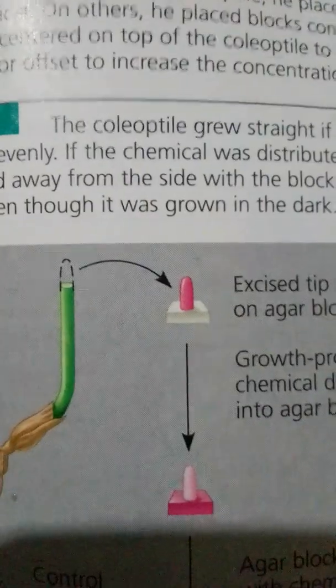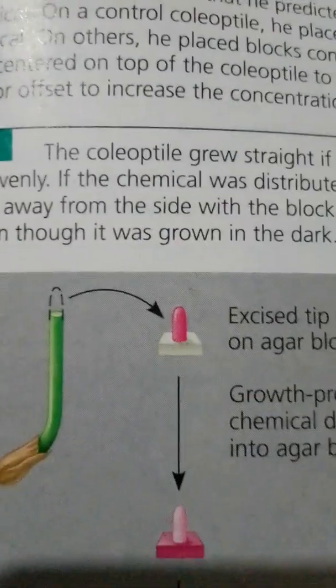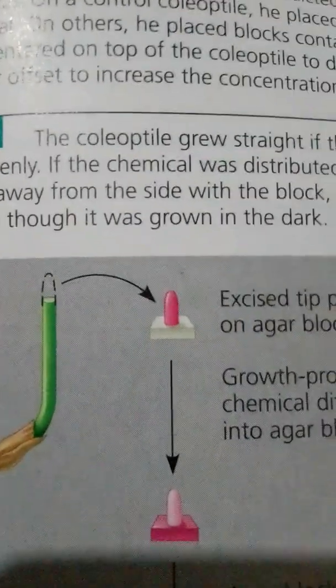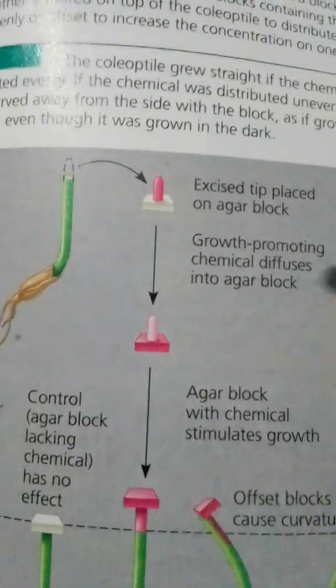Another inquiry: does asymmetric distribution of a growth promoting chemical cause a coleoptile to grow toward the light? Experiment. In 1926, Fritz Went's experiment identified how a growth promoting chemical causes a coleoptile to grow toward light. He placed coleoptiles in the dark and removed their tips, putting some tips on agar blocks that he predicted would absorb the chemical.